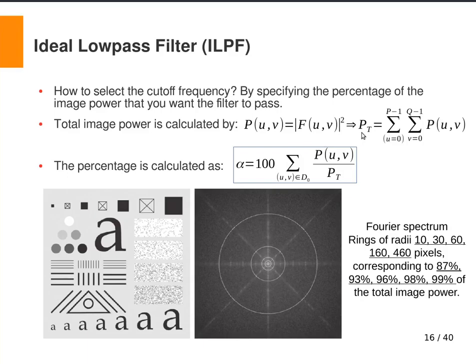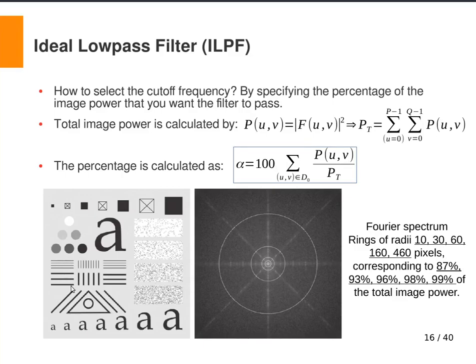So P subscript T is basically the summation of all the Fourier spectrum components squared. As for the percentage, it's going to be 100 times the summation of all the P's that fall inside the circle with the cutoff frequency D0.